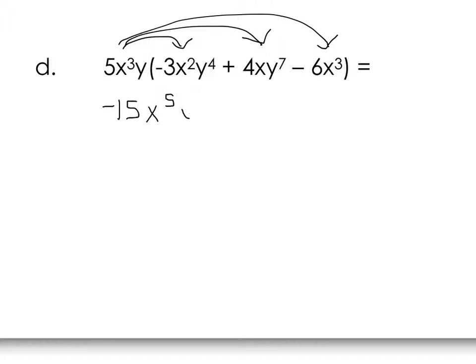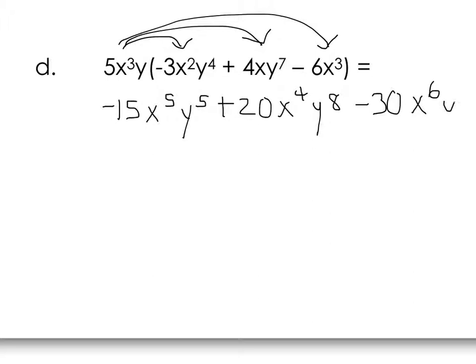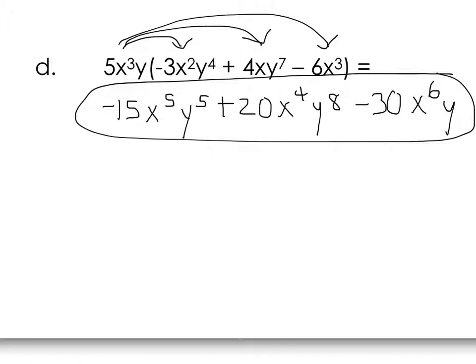Y times y to the fourth is y to the fifth, because it's y to the first times y to the fourth, and you want to add those exponents. Plus 20, x to the fourth, y to the eighth, minus 30, x to the sixth, y. And that's your answer.